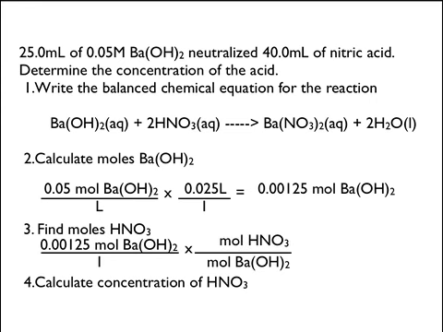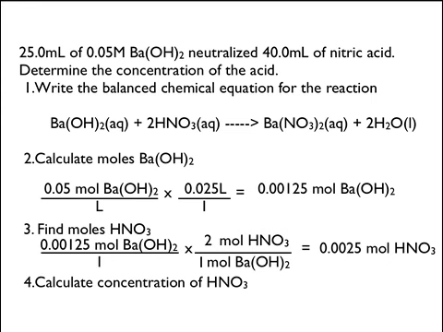I want to get to moles of nitric acid. Then I look at my equation. Barium hydroxide has no number in front of it, so that tells me that I need to put a 1 in my problem. Nitric acid has a 2 in front of it, so I need to put a 2 in front of the moles of nitric acid. Now my moles of barium cancel, and I can find the moles of nitric acid. So I have twice as many, 0.0025 moles of nitric acid.